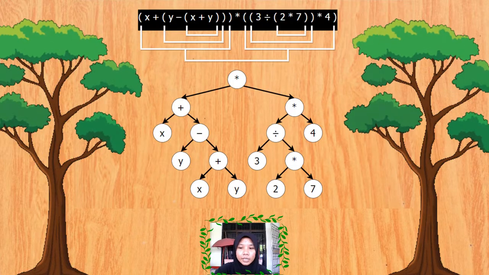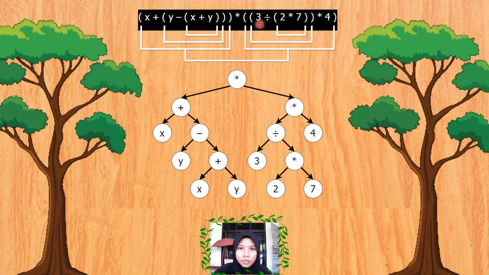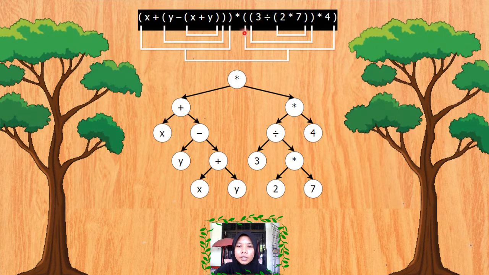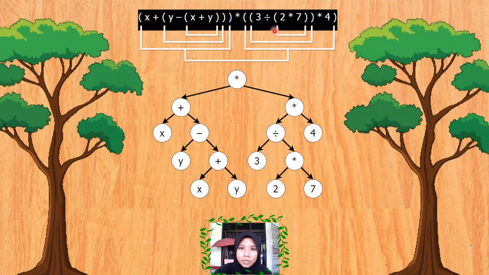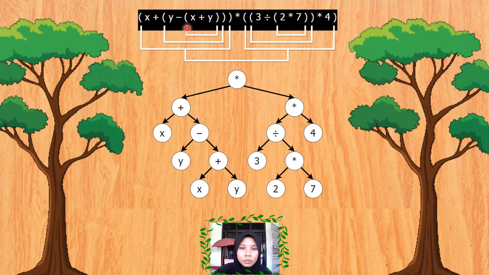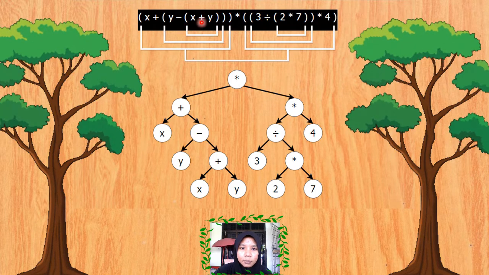Okay, we look at the final example here. First we identify the first priority, which is the bracket. So we have a big bracket here, and then this bracket, and then an inner bracket here. On the right side, we have a big bracket here, 2, and then this bracket and an inner bracket here. So we solve the left side first. We do this expression, x plus y.